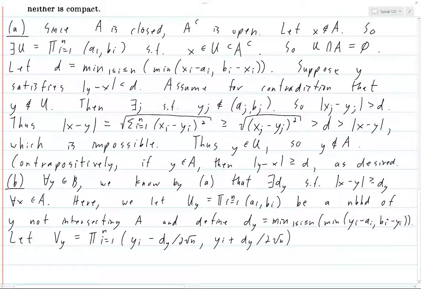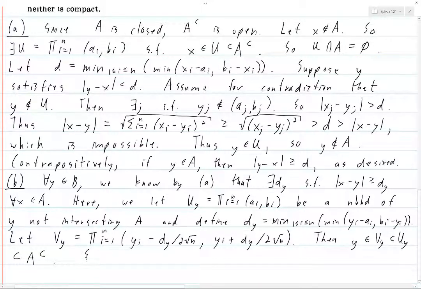So in each index, we're decreasing the radius by a factor of 2 square root of n on each side. Then y is in vy, and vy is contained in uy, which is contained in A complement. So in particular, vy intersected with A is empty.